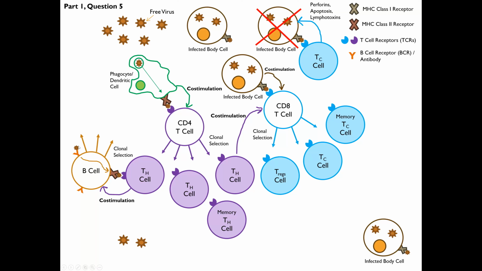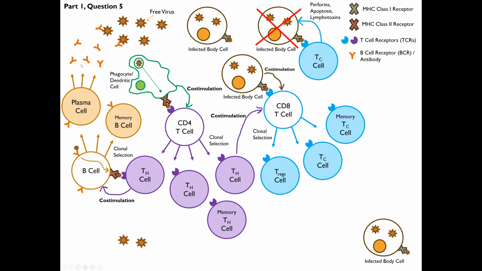clonal selection, which again means that one single type of B cell with that single type of B cell receptor is going to start dividing, and it's going to produce plasma cells and memory B cells, both of which match that original cell with that original receptor, that antibody for that particular antigen. The plasma cells then become antibody making factories.